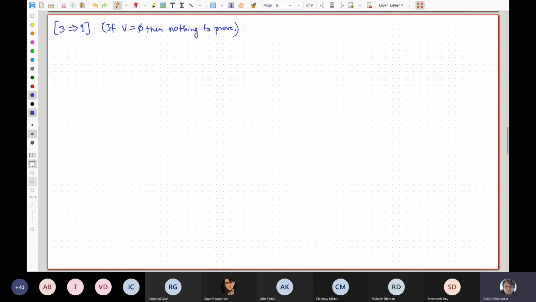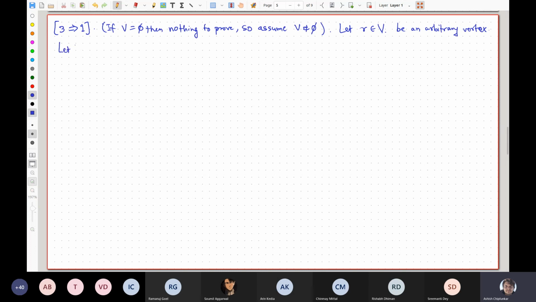So assume V is not empty. Okay, so let R be a vertex. Right, so we'll define two sets now.